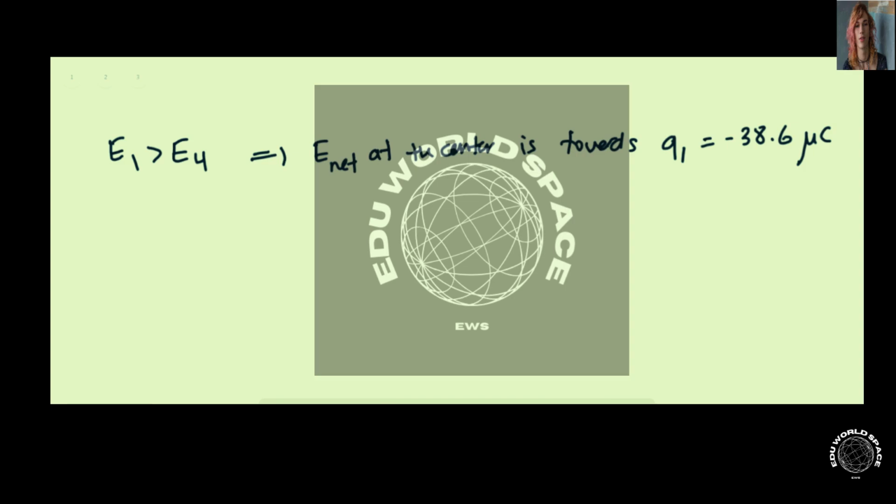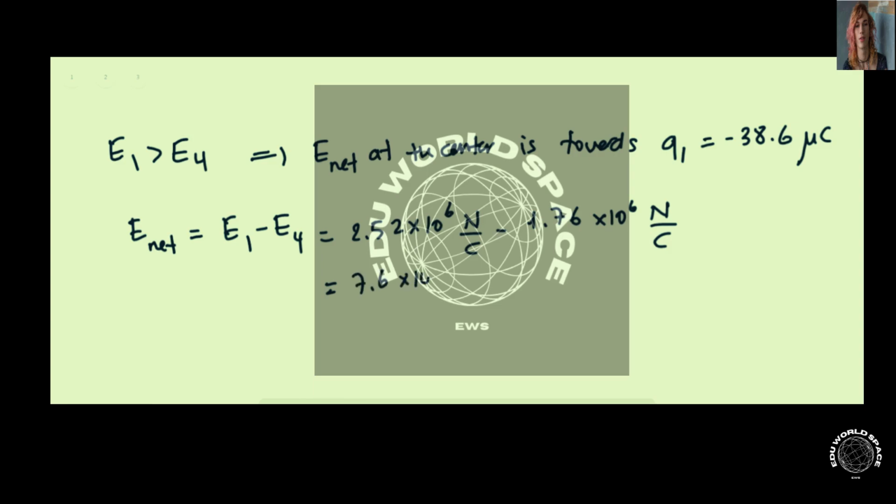The net field, E net, is going to be E1 minus E4 in that particular direction. So it's going to be 2.52 times 10 to the power 6 newtons per coulomb minus 1.76 times 10 to the power 6 newtons per coulomb. That is going to be equal to 7.6 times 10 to the power 5 newtons per coulomb.